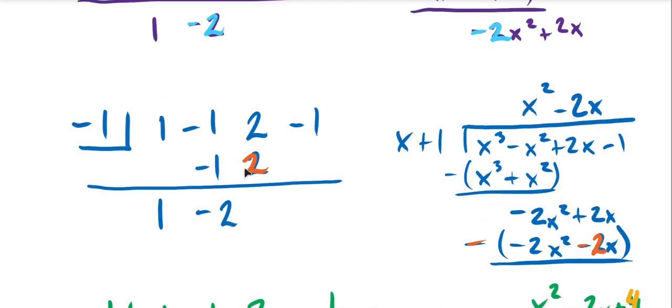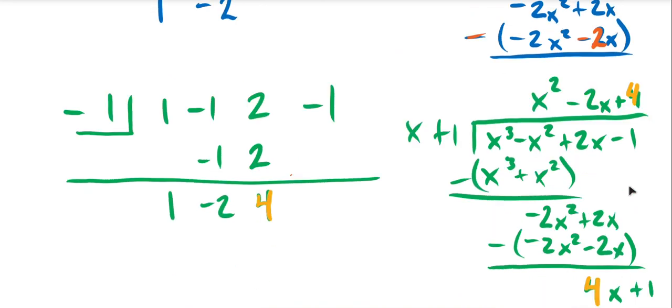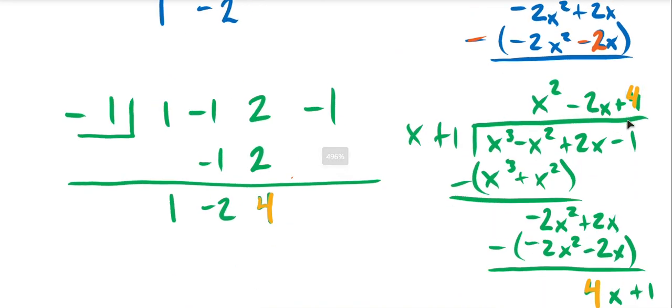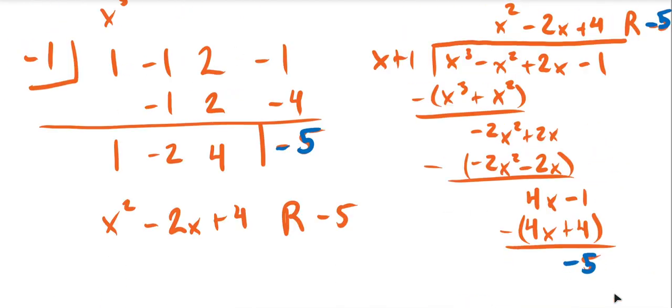And we can continue on in this way, making new numbers in either algorithm and comparing how they appear in synthetic versus long division. When we take a sum in synthetic division, we're winding up with a difference in our long division that encodes into the quotient. Once we push this all the way home, we're going to get our remainder. In either case, we wind up with a remainder of minus 5.